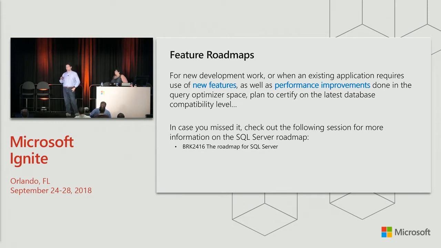Most features that have to do with query optimization and therefore may affect negatively the shape of your plans and therefore the performance of the workload are protected under compat levels. So again, when you stay in a specific compat level, you are optimizing and running the queries like that previous version.